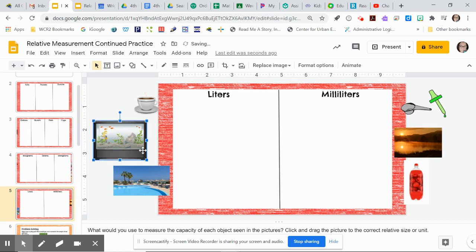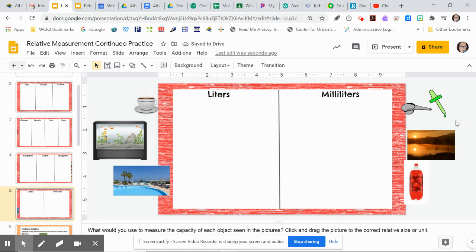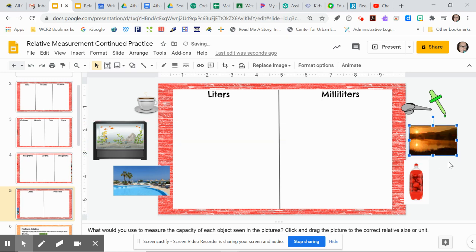Remember that if you don't know what a picture is, like this is an aquarium, it's a big aquarium, just message me and check in, or comment on the assignment itself and write me a comment and say, hey, I see a picture like this one right here. Some people might be like, what is that? It's a pond. So think about, would you measure that in liters or milliliters?